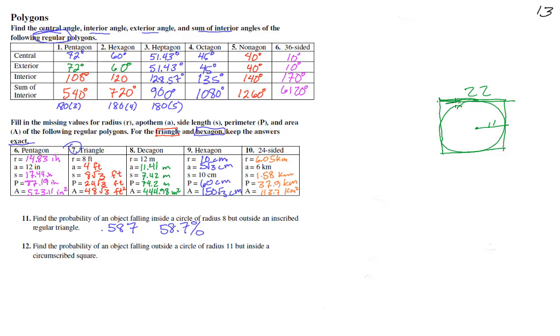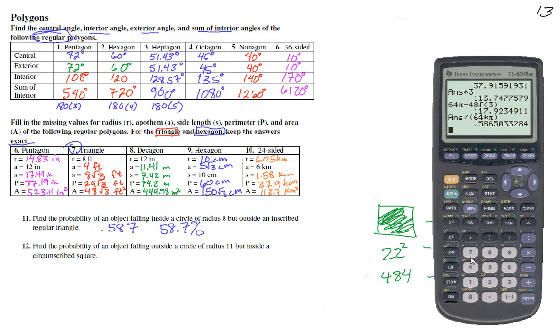So if we're trying to find the probability of being out in these corner areas, then we've got to take the area of the square, which is going to be 22 squared. That's 484. We're going to subtract off the area of the circle, which is pi times 11 squared, 121 pi. And then we'll put that over the 484.